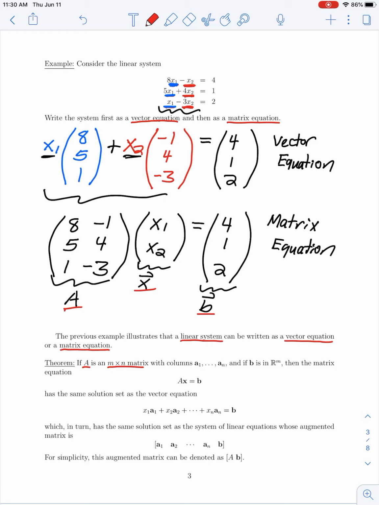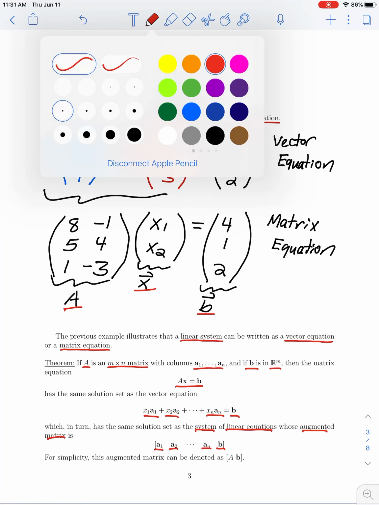It says if A is some m by n matrix whose columns are the vectors a1 through an, and b is some vector in R^m, so that is an m by 1 column vector, then the matrix equation Ax = b is equivalent to, or has the same solution set as, the vector equation x1 a1 + x2 a2 + ... + xn an = b, which in turn is equivalent to the system of linear equations whose augmented matrix is formed by taking the columns of A, a1, a2 up through an, and augmenting with the vector b of constants on the right-hand side of our equation.